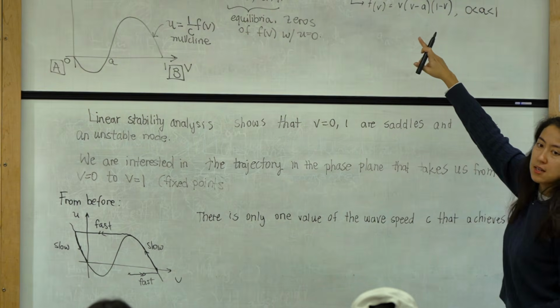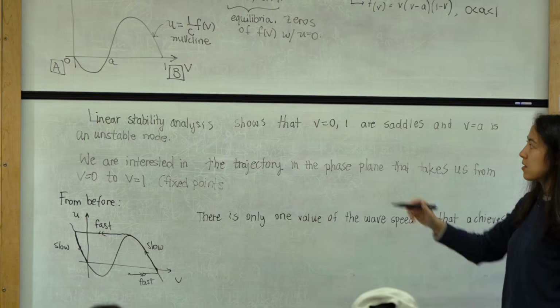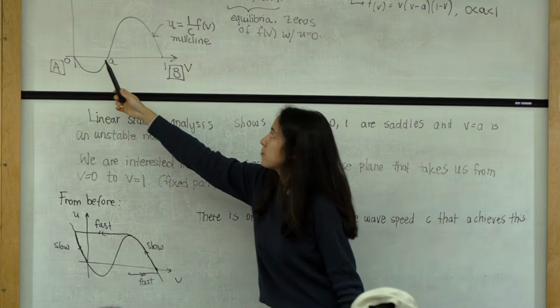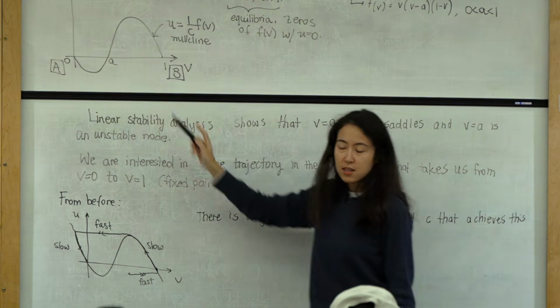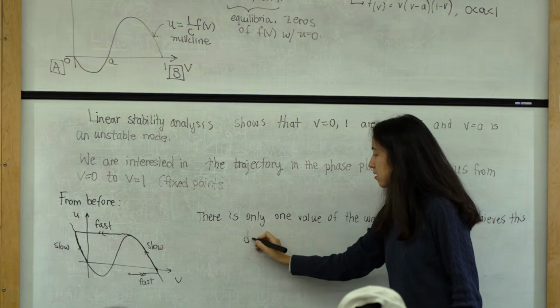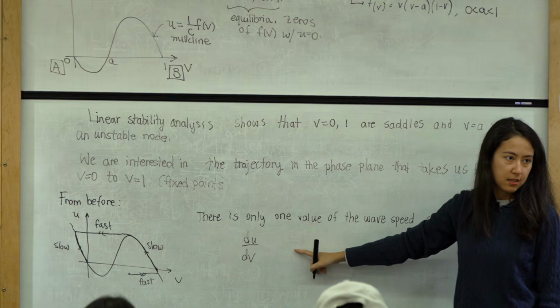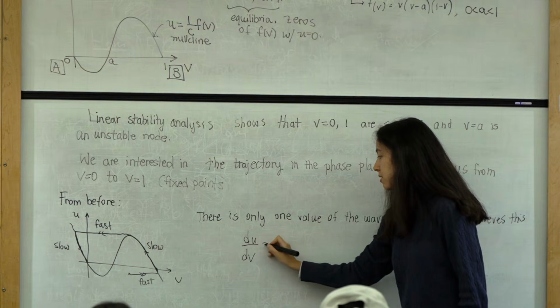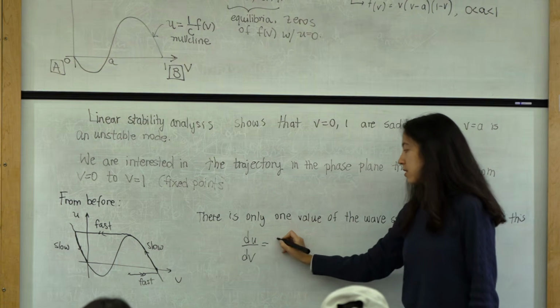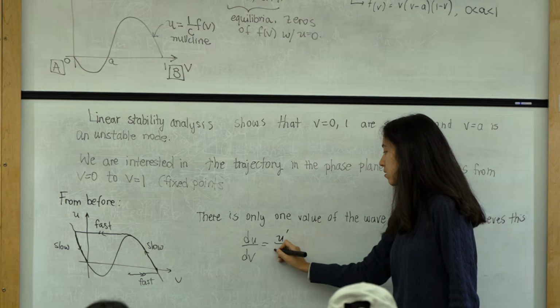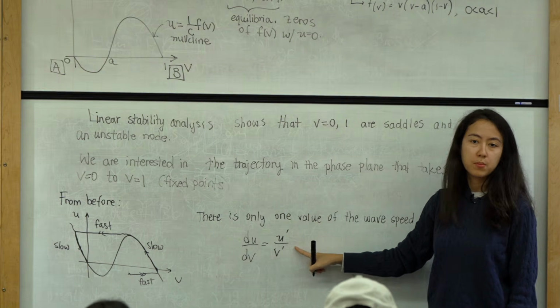So if I have that, basically I can look in the phase plane of u versus v. If I do the following, this is going to give me a gradient or derivative of that in that phase plane. The way you figure this out is by doing this. These are derivatives with respect to zeta.